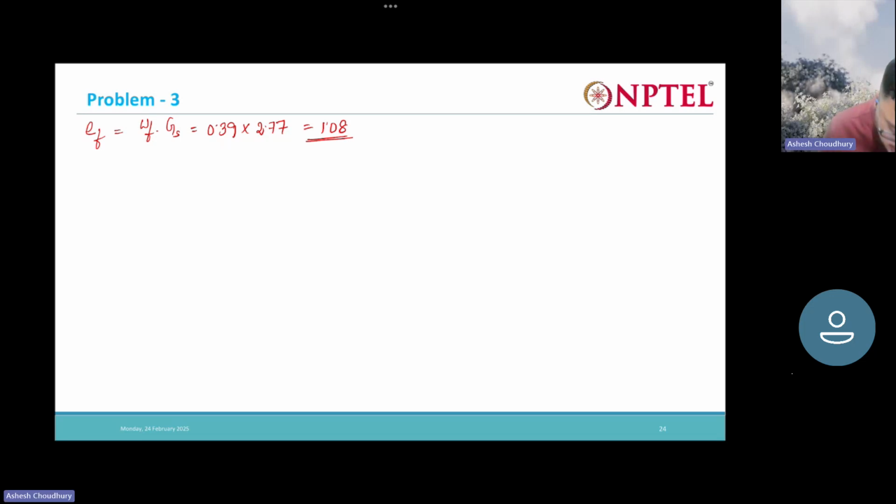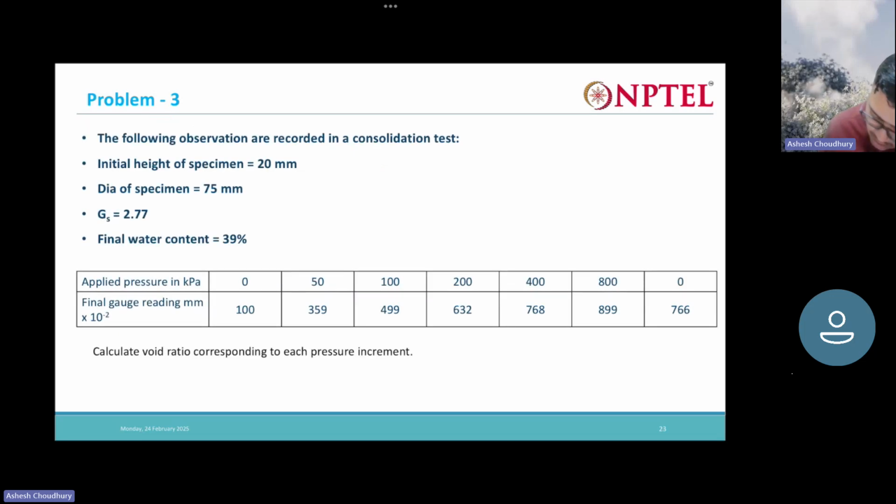Now, initial height of specimen is 20 mm. And at the end of the test, what is our gauge reading? 766. Okay, 766 is the reading at the end.